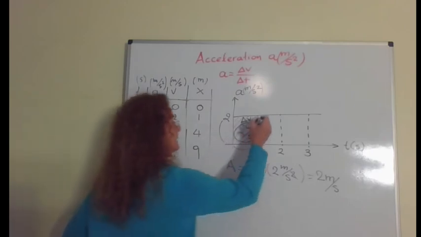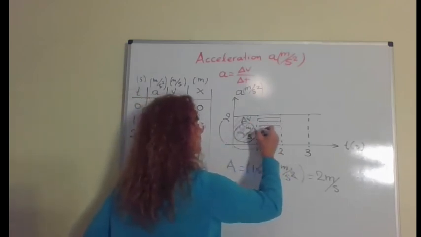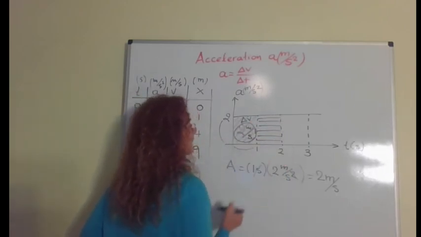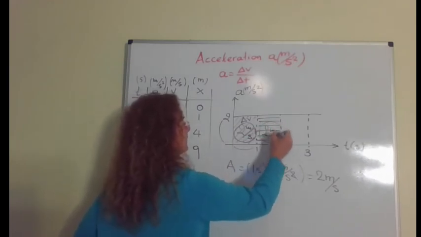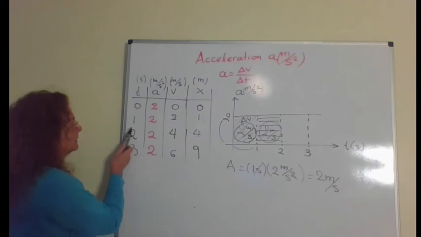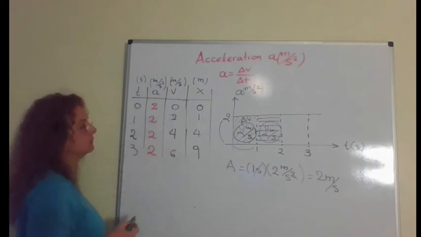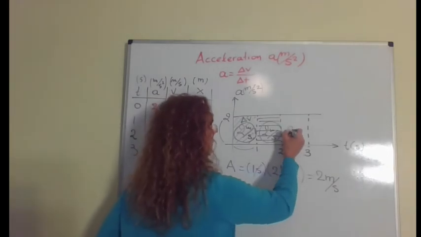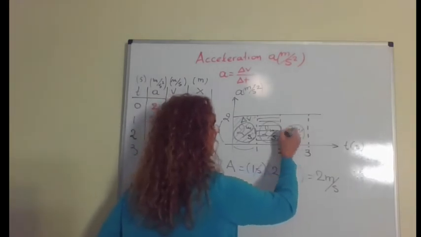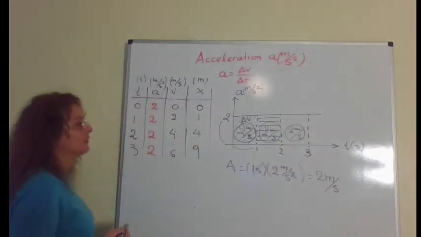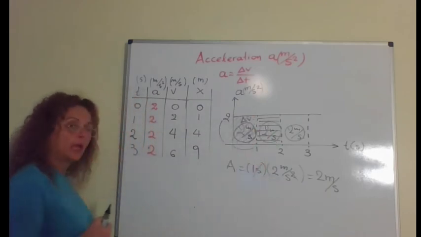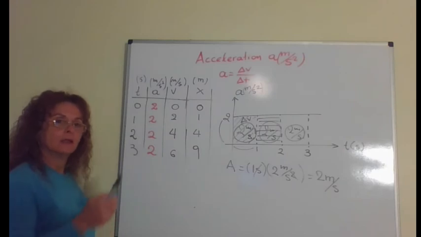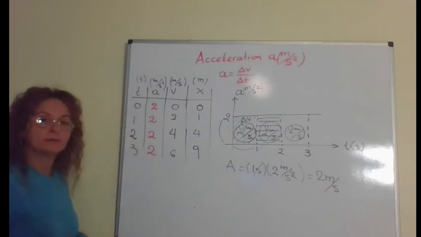If I find this area, I will find the change in velocity for this second, which is another 2 meters per second, meaning that the second my velocity changed by another 2. And of course, you do understand that it's exactly the same, right? So by finding the areas, I can find the change in velocity in that amount of time.